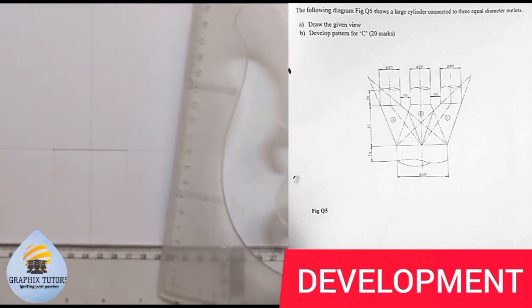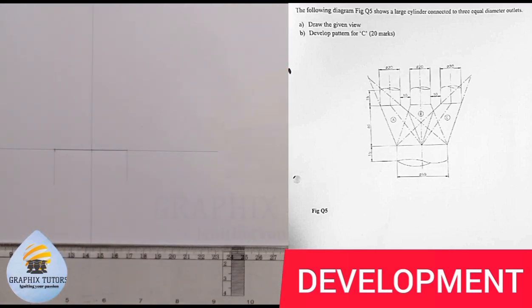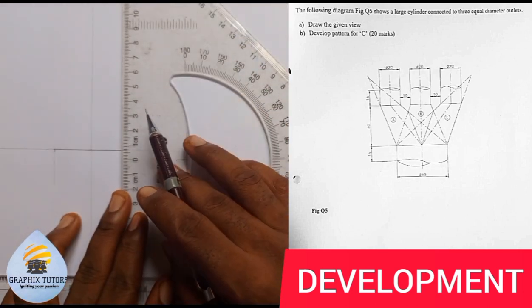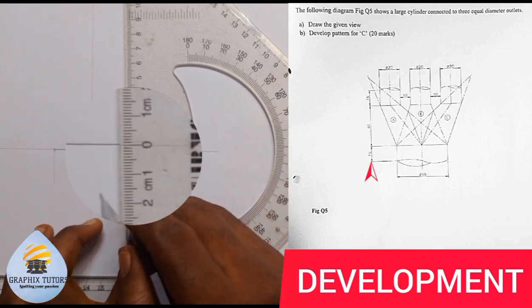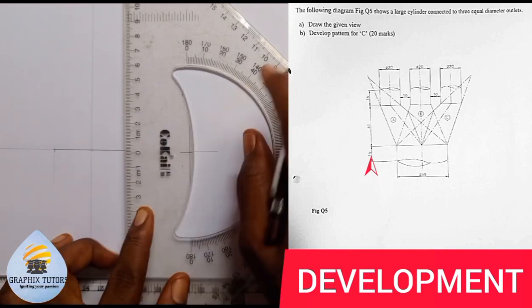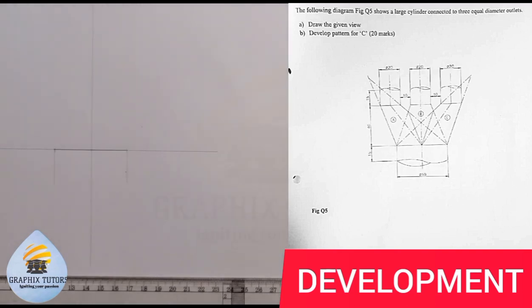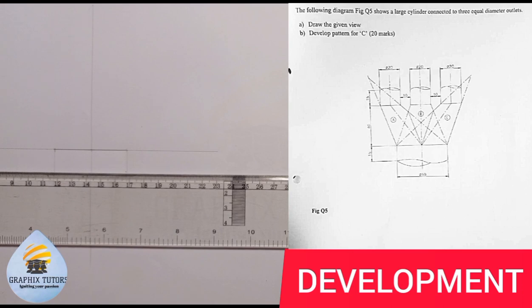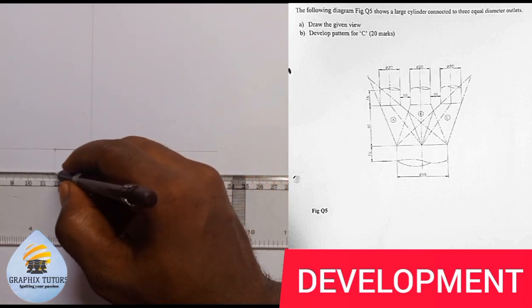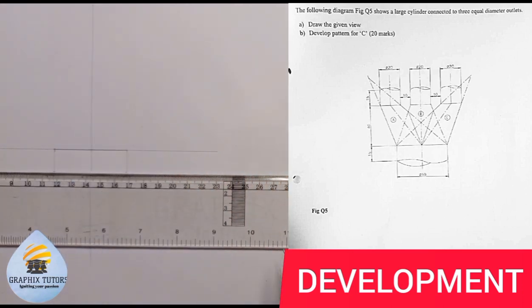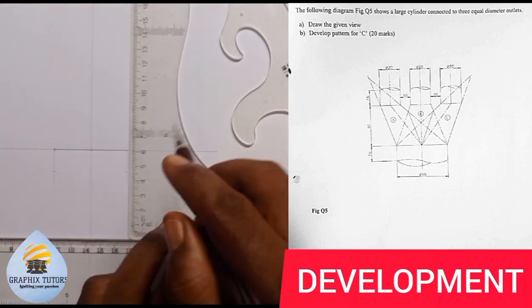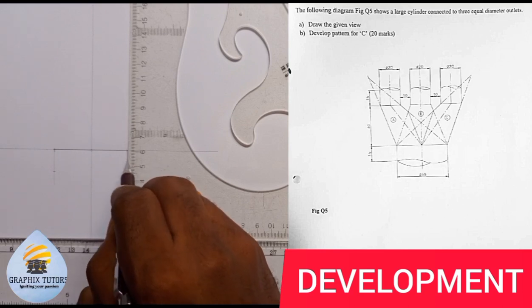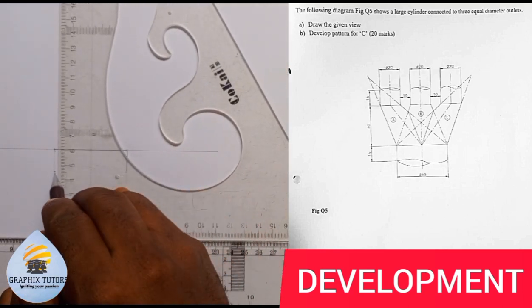I'm going to measure 15 from this point, from 0 to 15, so I can easily mark the other point from this point to this point. And I'm going to thicken it, and I'll come here too and thicken it.